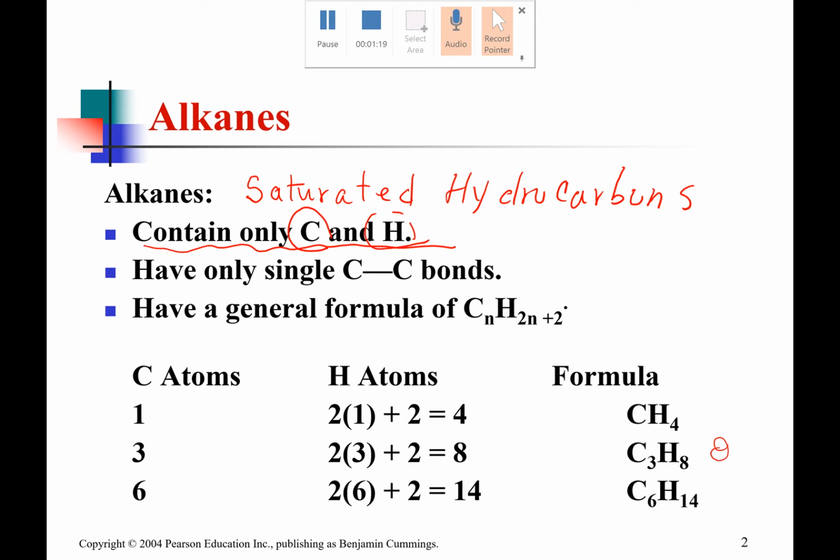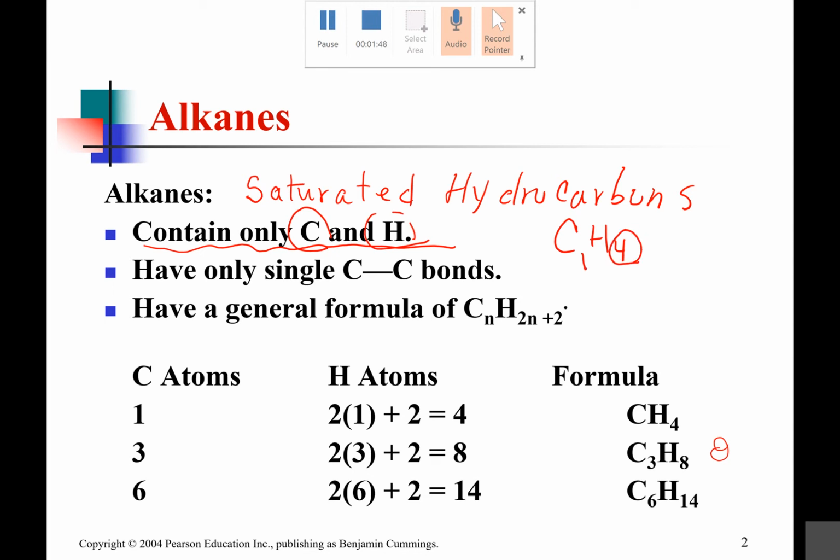If you have a double bond or triple bond between atoms of carbon, you are going to have unsaturated hydrocarbons. So there is a relationship between the number of hydrogens and the number of carbons. For example, the simplest hydrocarbon is methane, where you have one carbon and 4 hydrogens.